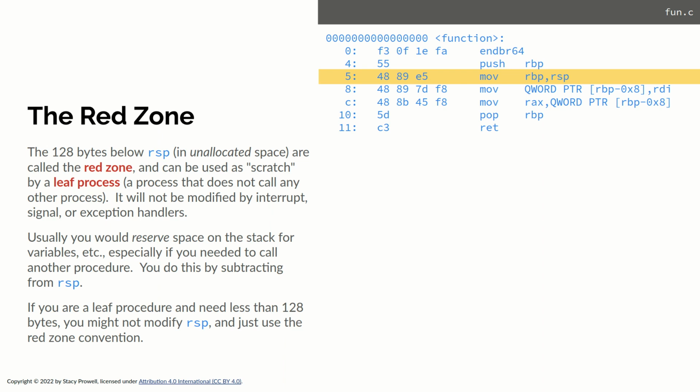It's a bad idea. But if you are what's known as a leaf process, right? You're a process that gets called, you're not calling anyone else, it's fine for you to use the red zone. And you don't have to modify the stack pointer to use it. Okay? Yeah, I know, it's pretty crazy, huh? There's a guarantee that interrupt and exception handlers will not override it.